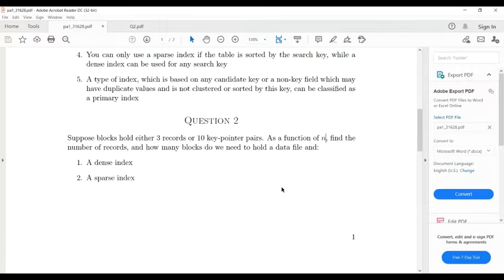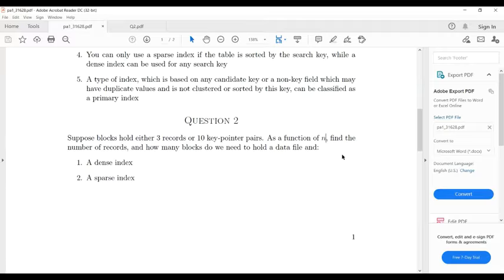The first part, we need to know the number of pages or blocks we need to hold a data file. We know, according to the question, that the data is a function of n. So we have n records, and the block holds up to 3 records. How many pages do we need to hold those n records? We will need n over 3 pages.